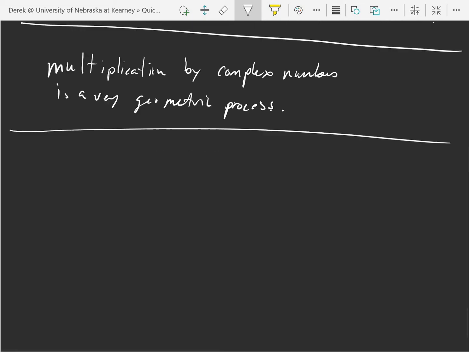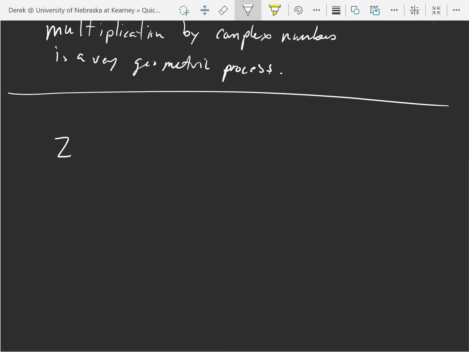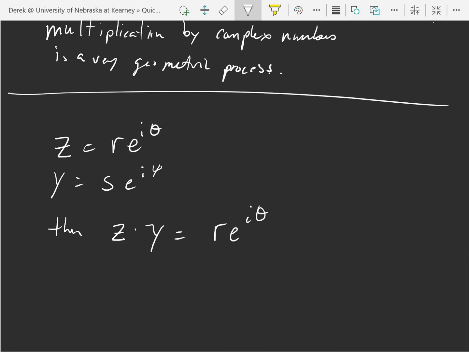Okay, so let's look at this. Let's look at, say, z equals r e to the i theta, and let's say y is equal to s e to the i psi. Then z times y is equal to r e to the i theta times s e to the i psi, which is equal to rs.